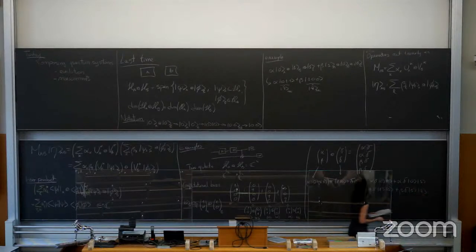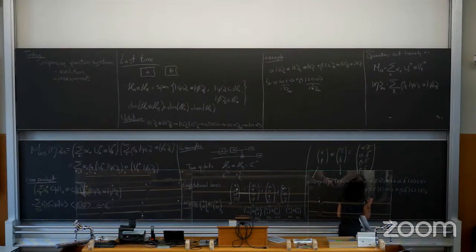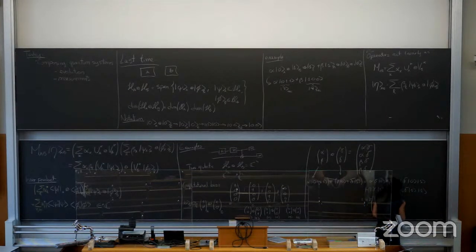Now I can write this in vector terms. I know that 0, 0 is this, so I can write alpha gamma like this, plus alpha delta, plus beta gamma, plus beta delta.